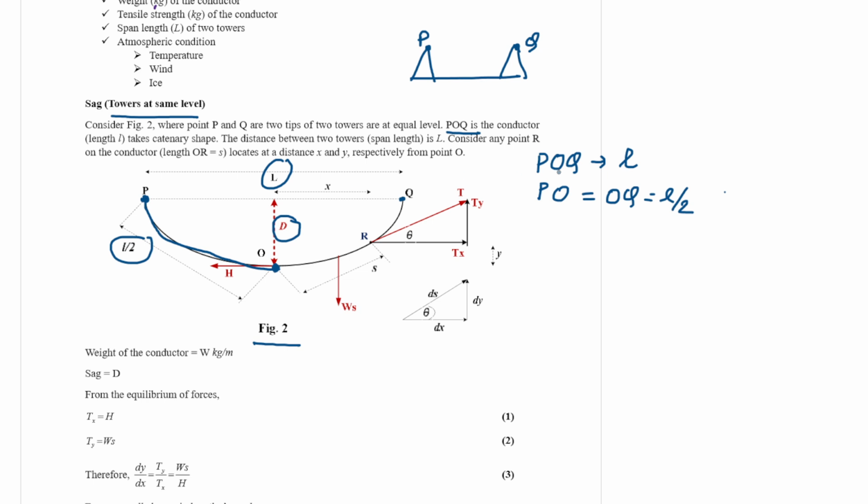So there is a difference between small l and capital L. Capital L is the span length, which is the length between two towers. However, small l is the conductor length.